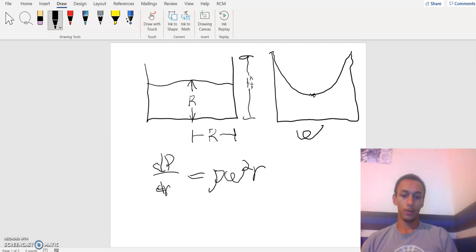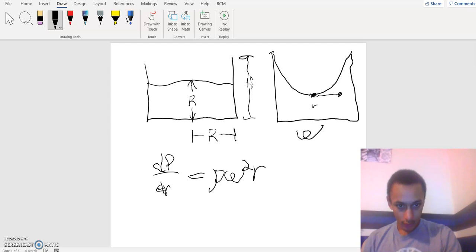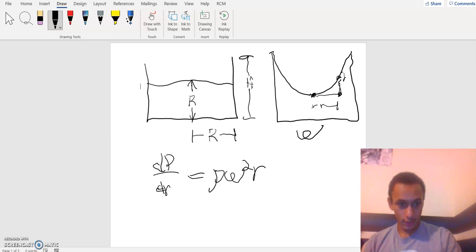So this would be the acceleration here, but the acceleration is angular frequency squared times r, which is the radius from a certain point. So that there is r. A certain height of h right there.